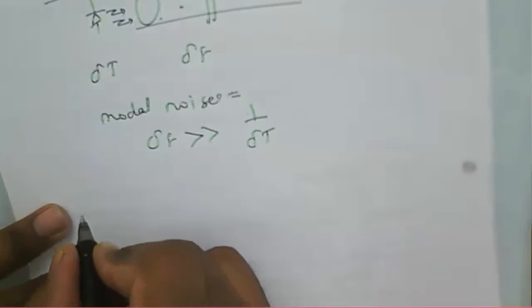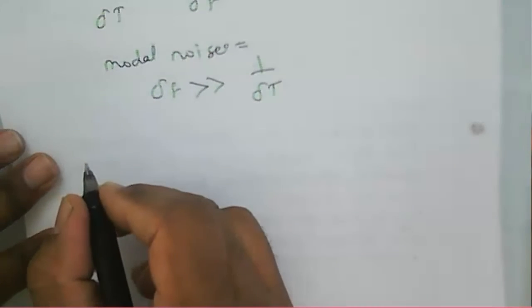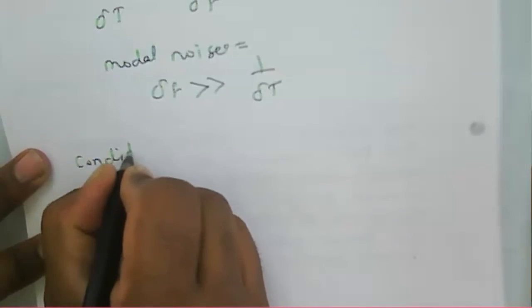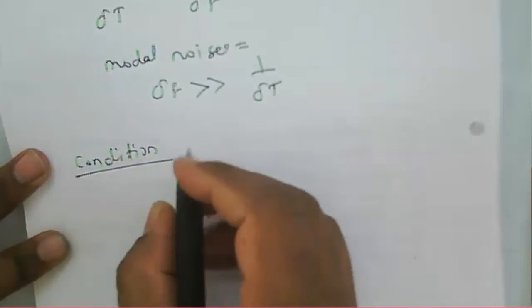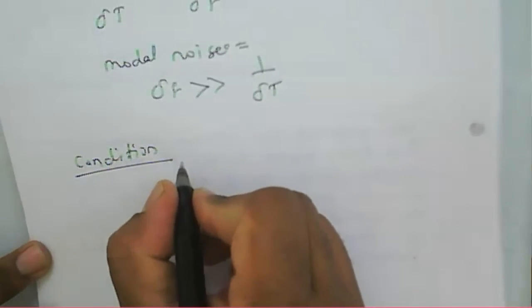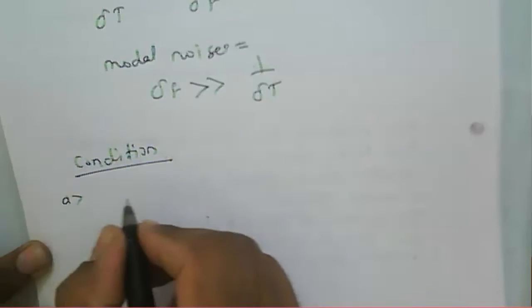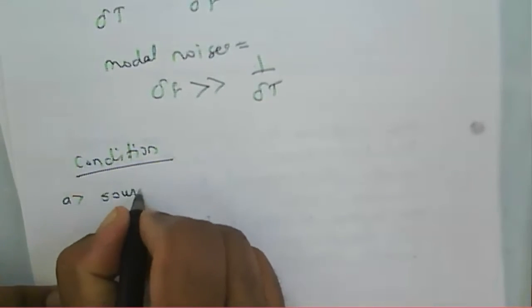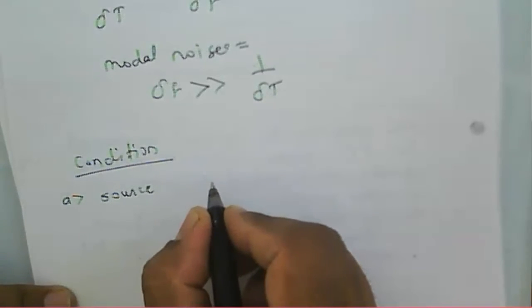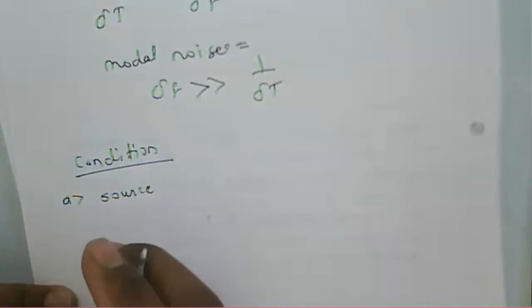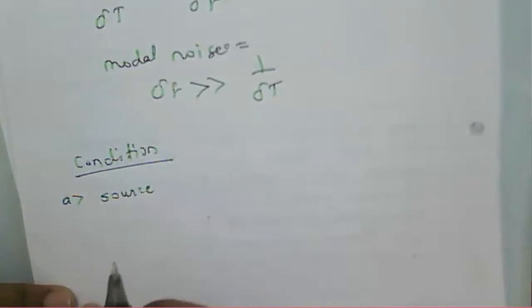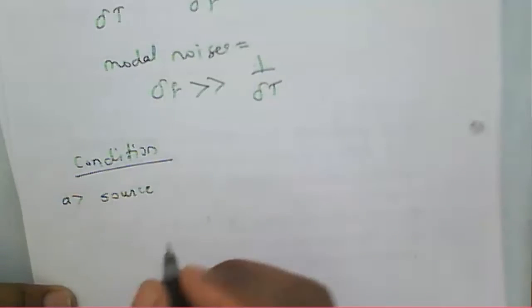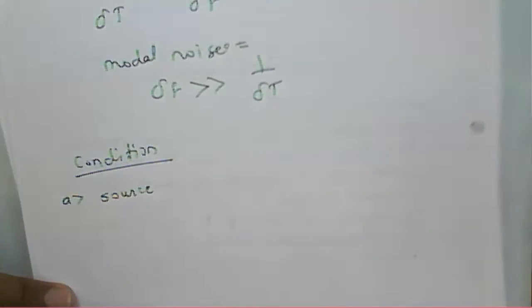So what are the various conditions which give us modal noise? First, if we consider a coherent source, it has a narrow spectral width and a long coherence time, or long coherence length.